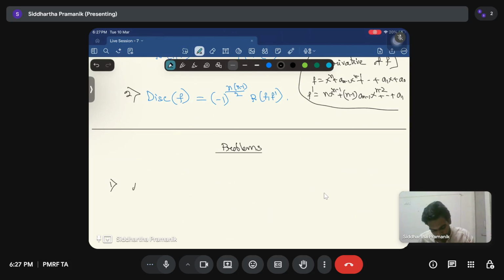Let f be the polynomial defined by x^n plus n times x^(n-1) plus n times (n-1) times x^(n-2) and so on, plus n times (n-1) dot dot 3 2 times x plus n factorial, right? Then find the discriminant of this polynomial.